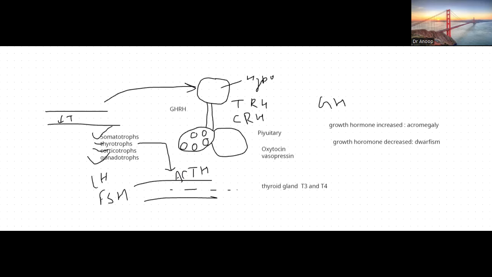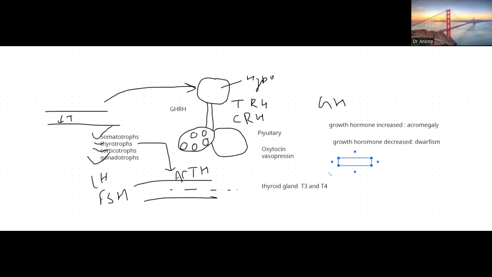For these conditions, when your growth hormone level is decreased, what treatment do you have to give? You have to give growth hormone analogs. We have recombinant growth hormones, like the drugs we give particularly for the management of dwarfism when growth hormone level is decreased. The drug is somatropin. These are recombinant growth hormones.